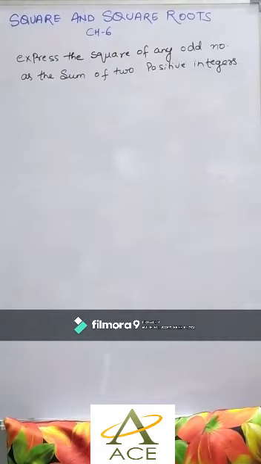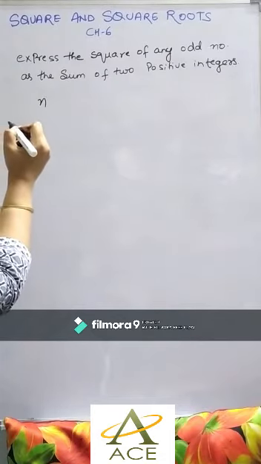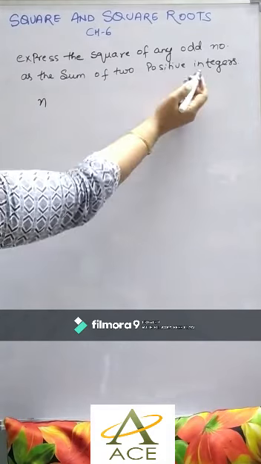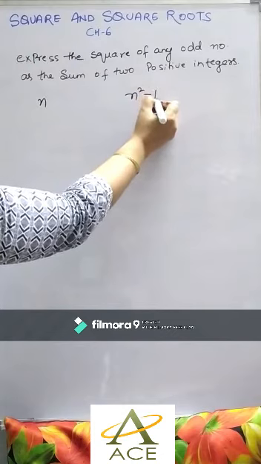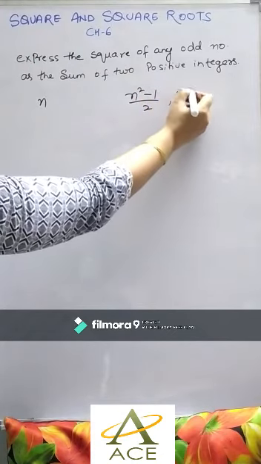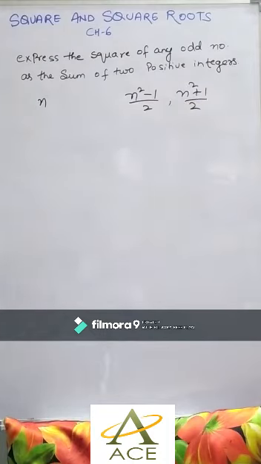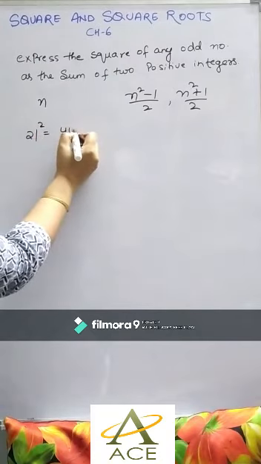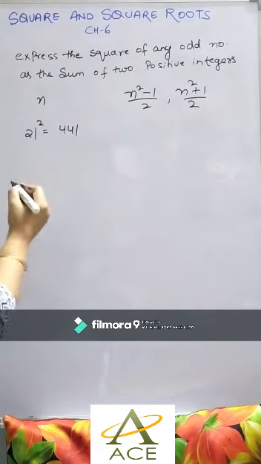Now the next property is to express the square of any odd number as the sum of two positive integers. Suppose the number is n. Now to find out these two positive integers, the formula is n square minus 1 upon 2 and n square plus 1 upon 2. Now if we take the number, suppose 21, its square will be 441. Now we have to express it as the sum of two positive integers.